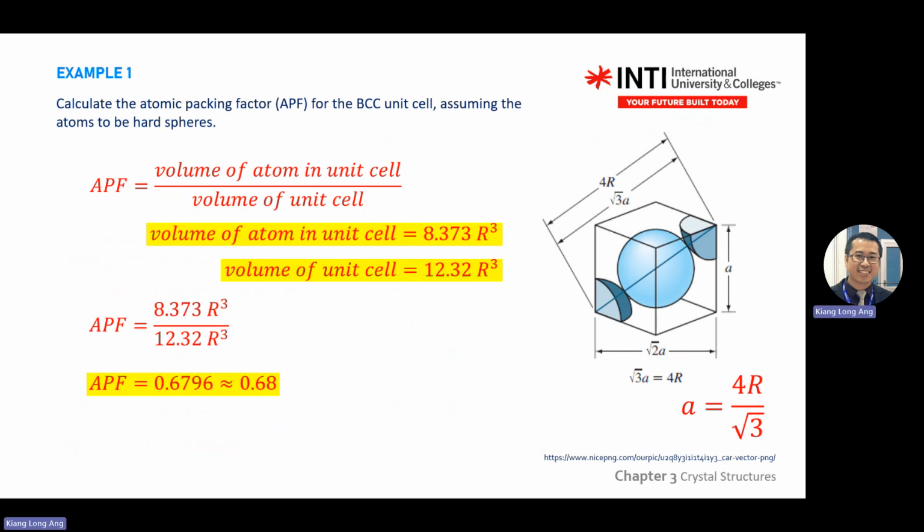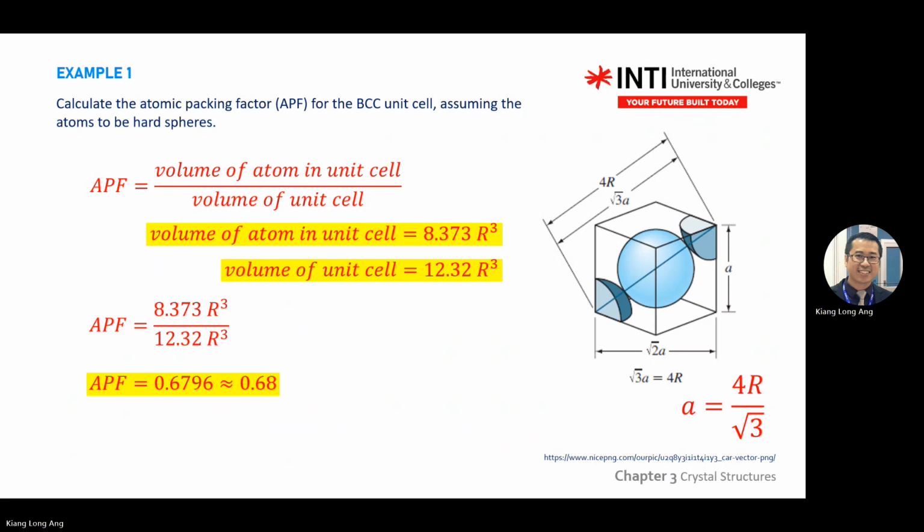So this one also will be part of your final question 1, part A. Normally, they ask you to prove BCC APF equal to 0.68 by using the procedure like what I show on the screen here. You will see a very short question, but the steps are a lot.